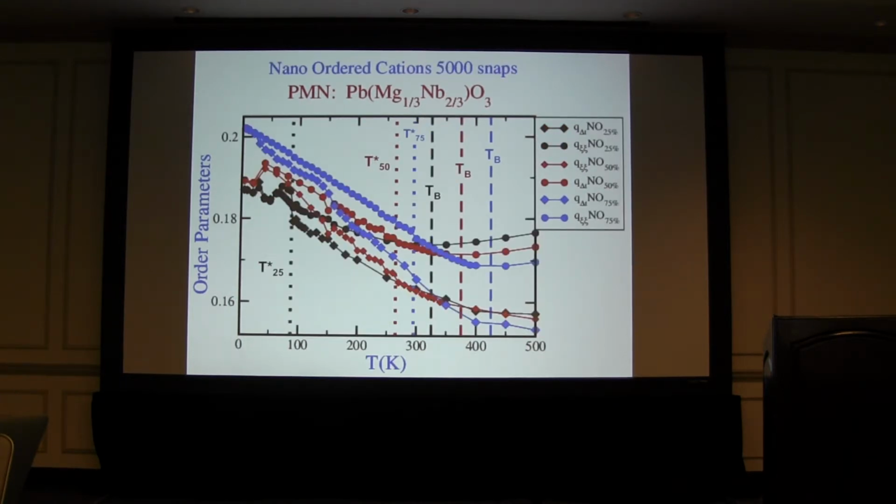And these are similar curves for nano-ordered configurations with 25% ordered regions in a disordered matrix, 50% and 75%. As the degree of order goes up from 25 to 50 to 75, T star goes up, as in Sergey's results, and the Burns temperature goes up.